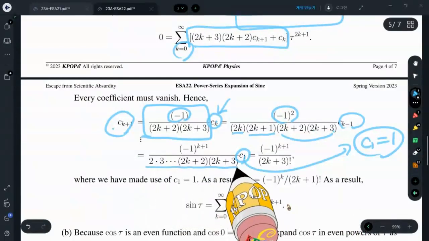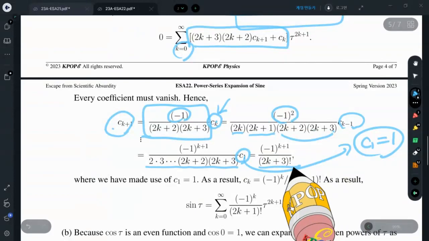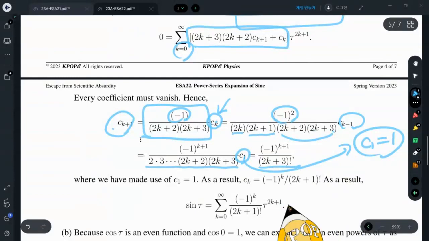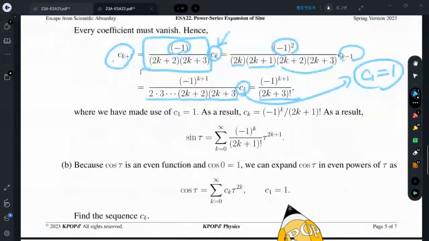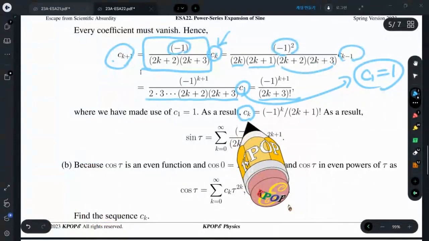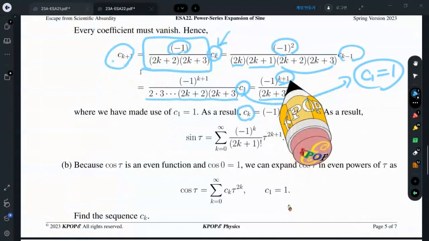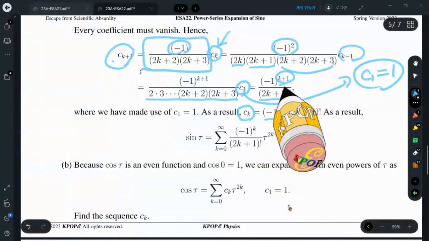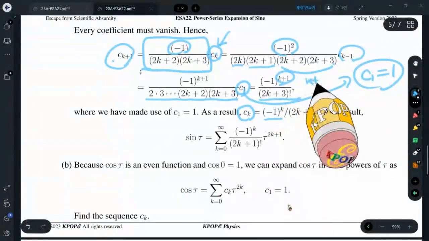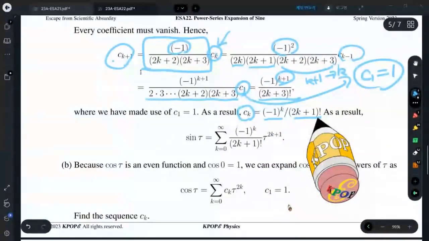Therefore, if I combine everything all together, it is 2k plus 3 factorial. In such a manner, I can find the kth element; this is for the k plus 1th element. So the kth element can be obtained by replacing k plus 1 with k. So the result is this.